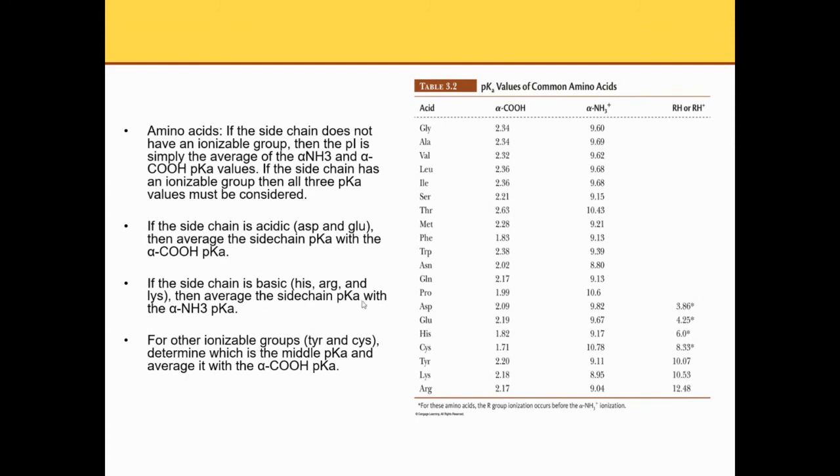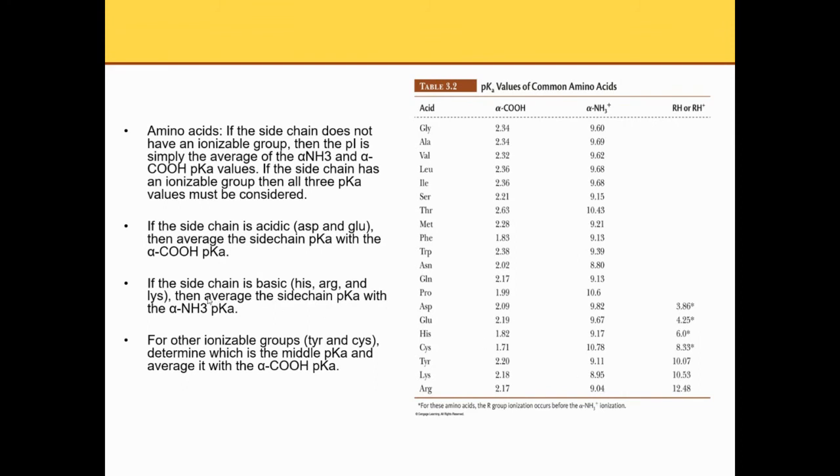So for histidine, arginine, and lysine, for these three, you take the pKa of the side chain with the amino group.